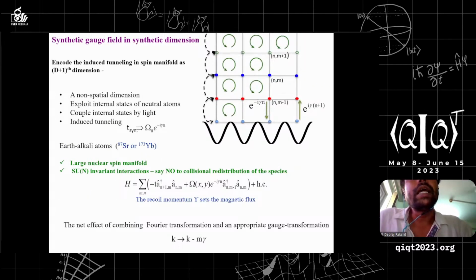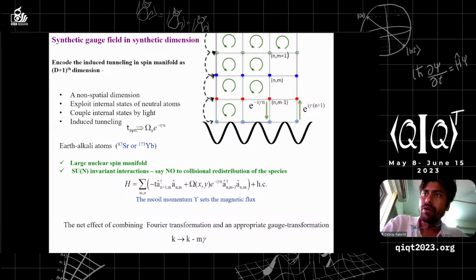So let me say what the idea of a synthetic dimension is. Let's think there is an atom, and it can be in a lattice site, but it has many internal states, such as hyperfine states.